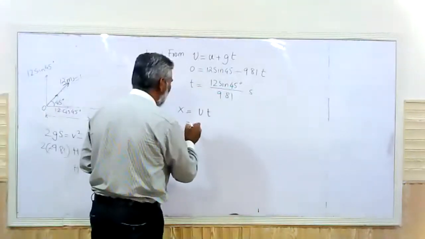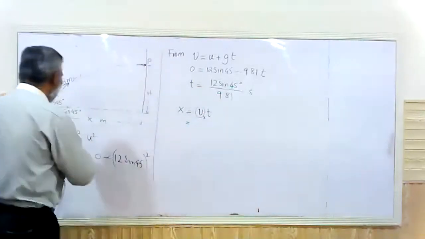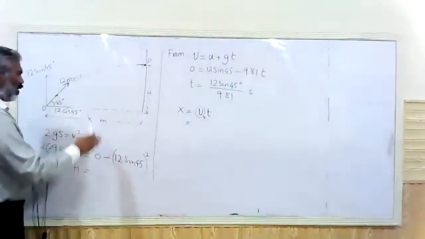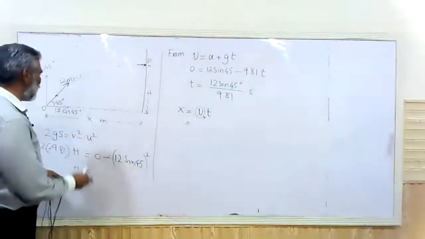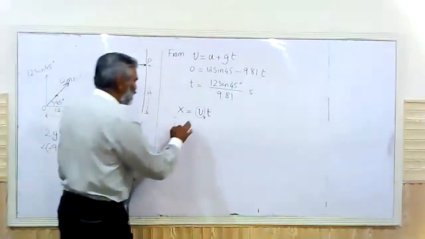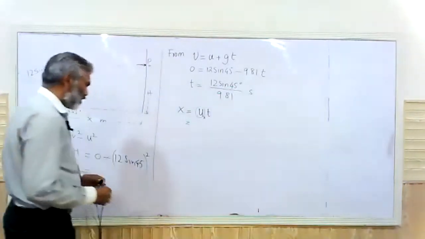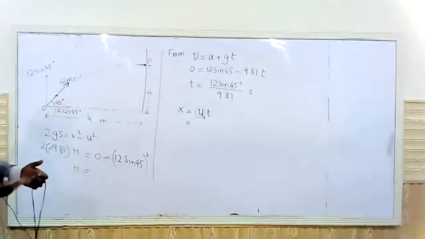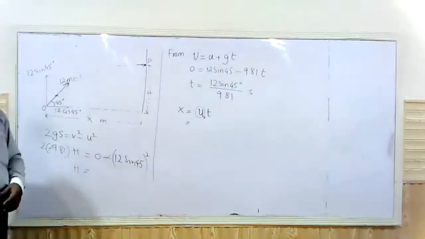vt, but this time v is actually vx, the x component of the velocity with which you have thrown it, and because this is the initial velocity, it is appropriate to call it ux times t. But that doesn't make any difference because this remains constant throughout the motion.